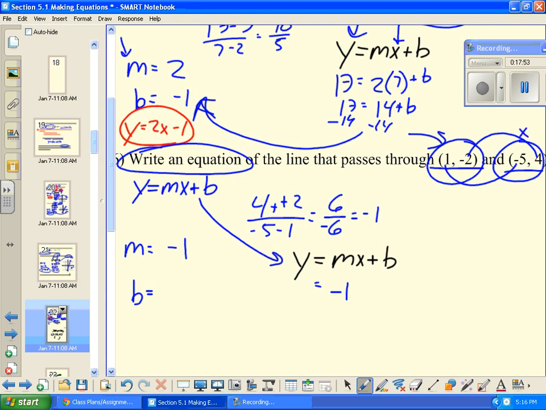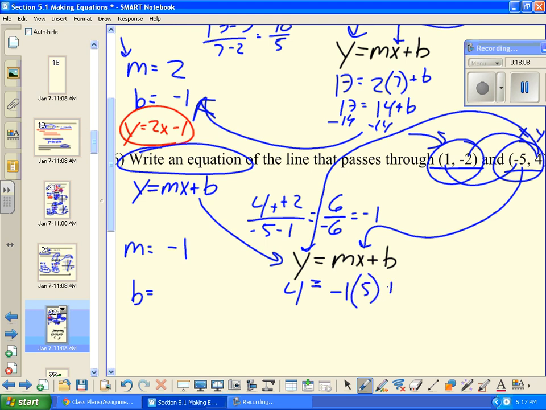Okay, -5 is an x-coordinate, 4 is a y-coordinate, so -5 is going to be substituted in for x, and I'm going to substitute 4 all the way in for y. So 4 equals -1 times 5 plus b is what I've got now. And actually, it should be -5. Let's not make that mistake here.